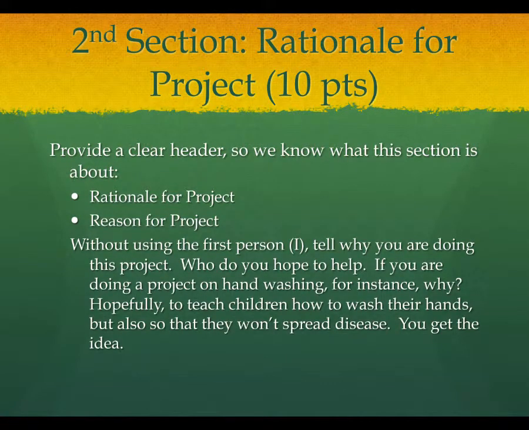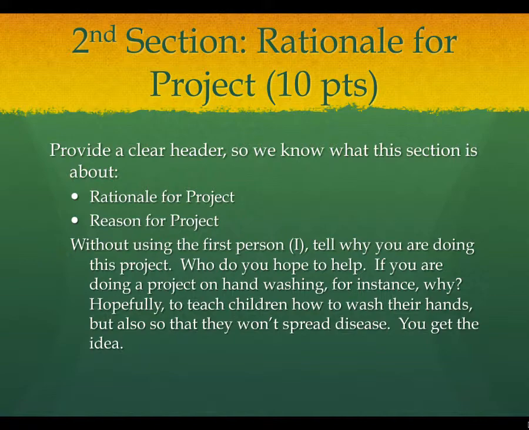So for the second section, the rationale for the project, let me digress here just a moment. When you look at the rubric, you will see that each section has a point value assigned. It does not take a rocket scientist to see that you are going to put more effort into the sections that have the most points.